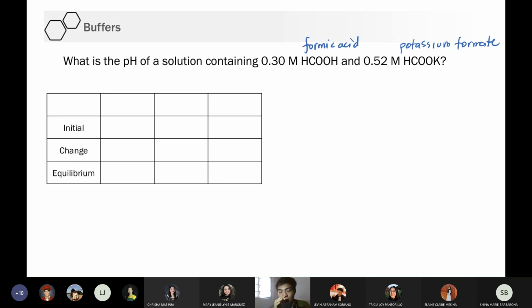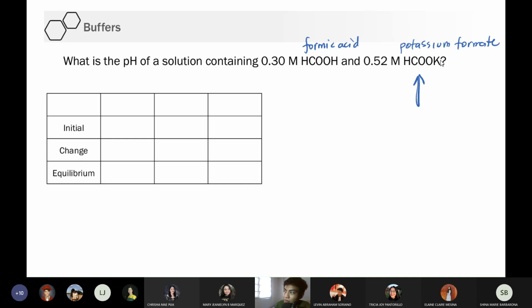Okay. So, nasabi ko kanina, a buffer is a solution of the acid and its conjugate base in the form of salt. Instead of having H, papalitan mo lang yon ng potassium, sodium, lithium. So, yun na yung salt na sinasabi ko.